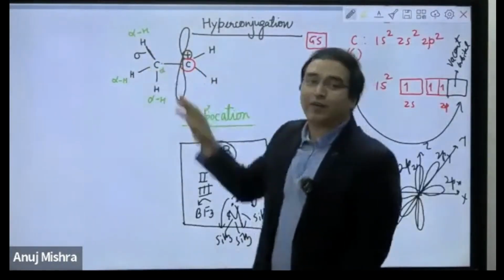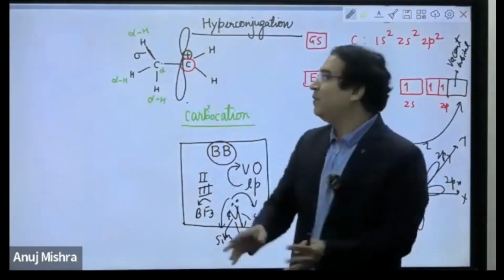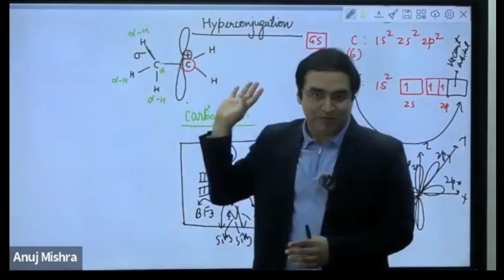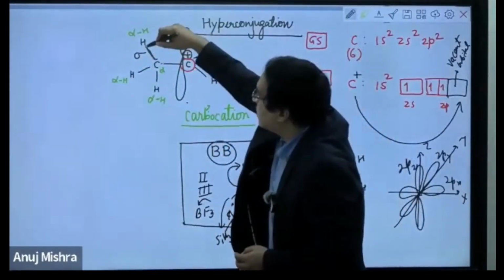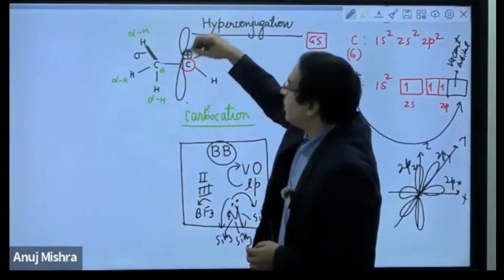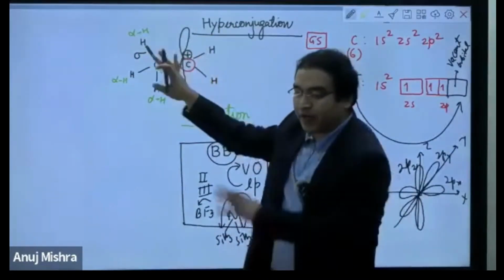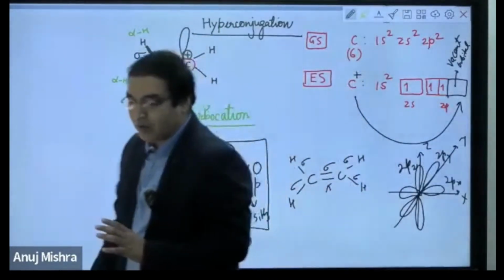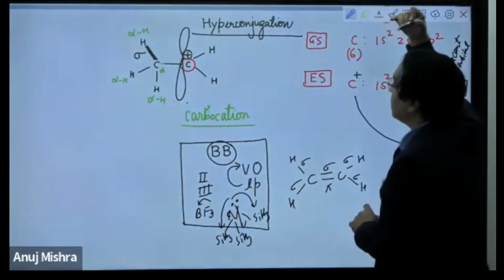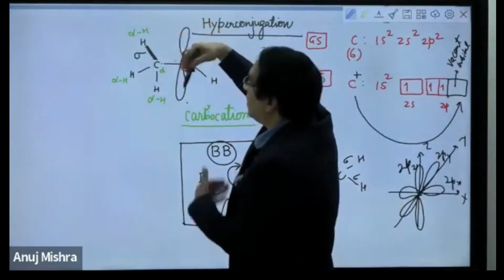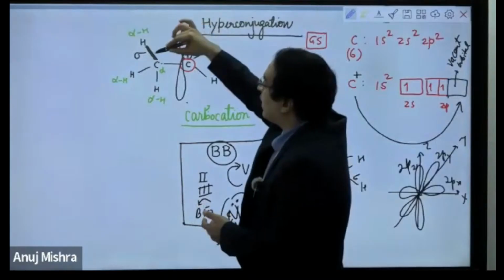The only difference is you don't have a lone pair. Had it been a lone pair, you would have formed a permanent bond. Since there is no lone pair, there is just the presence of electrons due to the sigma bond, and there's a vacant orbital. We can't shift it completely and say, okay, take it. Is it clear? So what happens? What is hyperconjugation? Hyperconjugation is a phenomenon which describes the stability of these carbocations with effect.